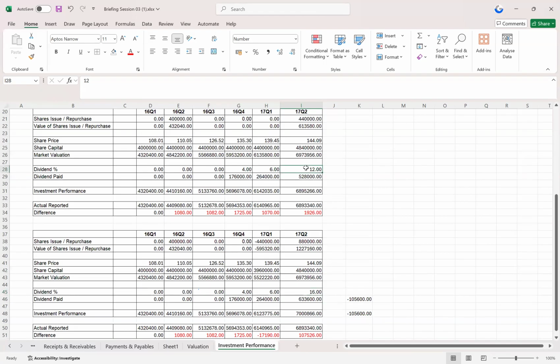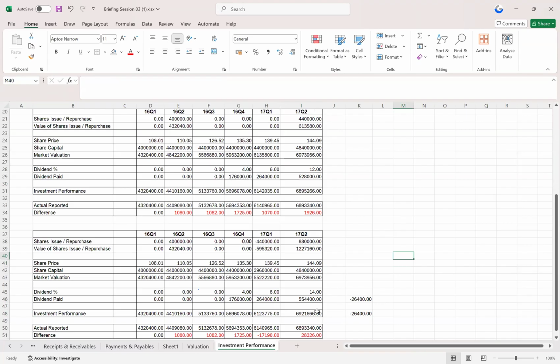See, over here I paid dividend on 4.4 million shares. Now I will pay dividend on 3.96 million. So this percentage would increase from 12, right? If we are increasing it, then the effect will be positive, and my investment performance is increasing.